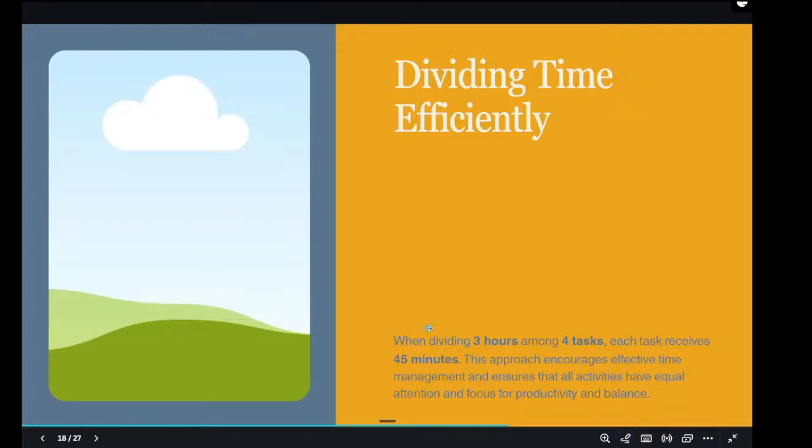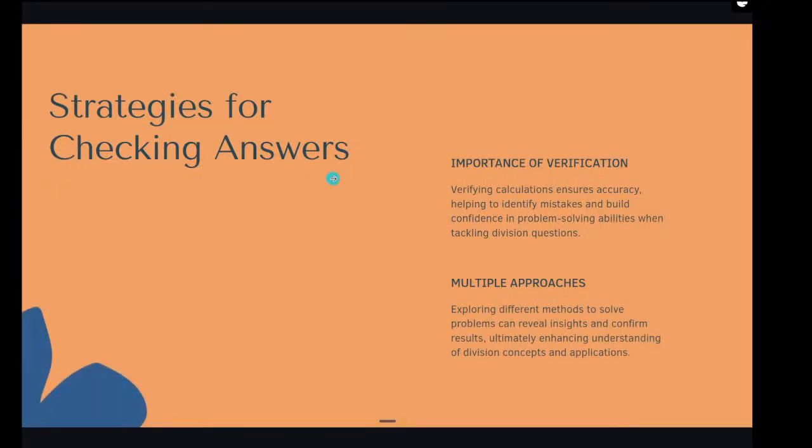Okay, dividing time efficiently. When dividing 3 hours among 4 tasks, each task receives 45 minutes. This approach encourages effective time management and ensures that all activities have equal attention and focus for productivity and balance. Strategies for checking answers.